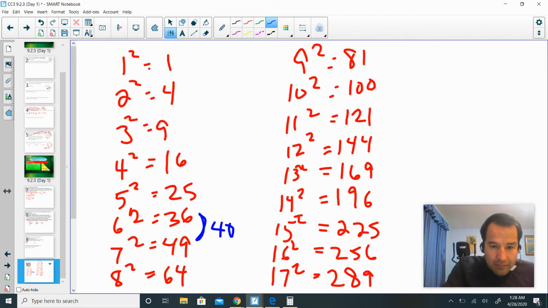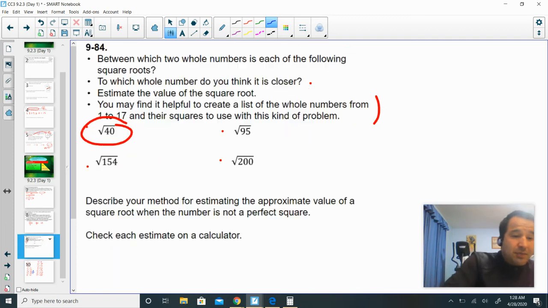Here it's only 4 numbers away. And here it's 9 numbers. So it's closer to 6, by a decent amount. So it's less than half. So 6.3, 6.4 maybe is probably my estimate there.